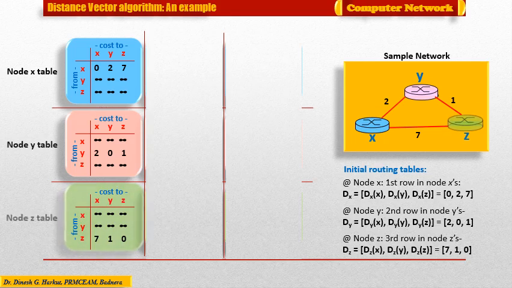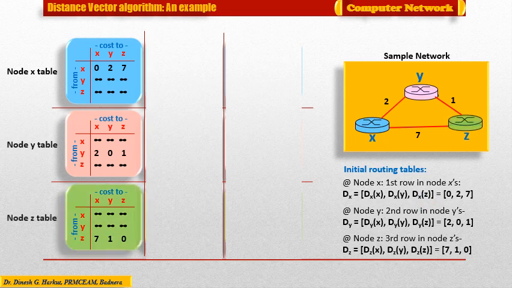Thus, the first row in node X's initial routing table is Dx, that is, Dx(X), Dx(Y), and Dx(Z). That is 0, 2, and 7.